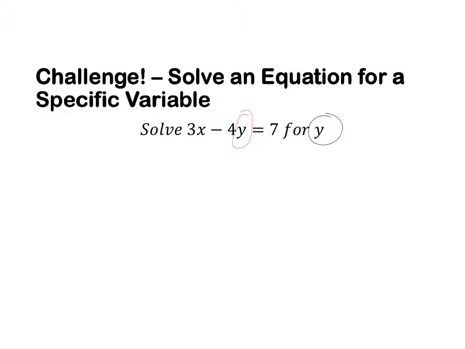I'm going to use the same principles as I did before on all my other equations, and isolate the y. So I need to get rid of that positive 3x, and I need to get rid of that multiplication of negative 4. How are you going to do that? Think about that, work this problem out. We'll see what you get tomorrow. Bye.